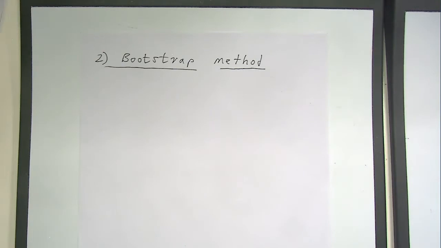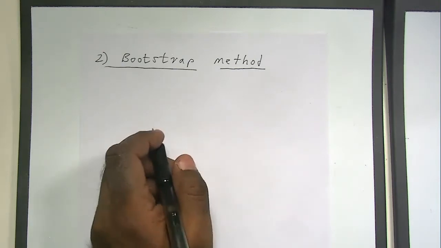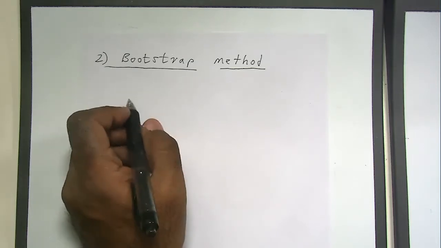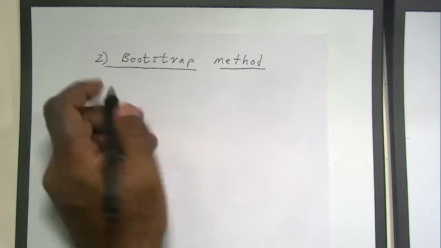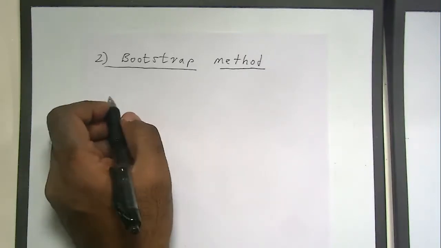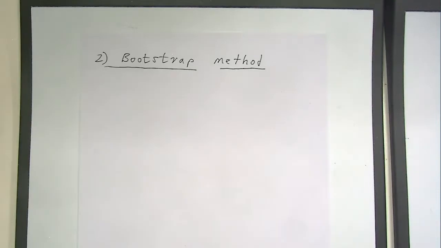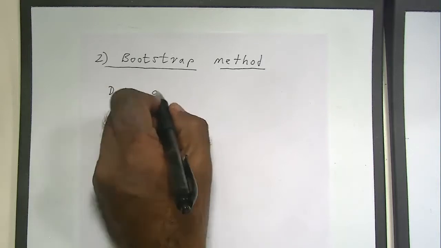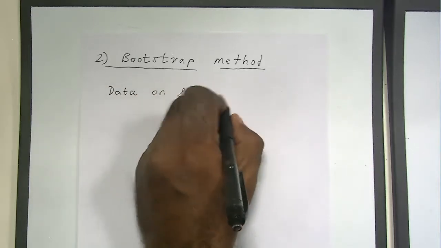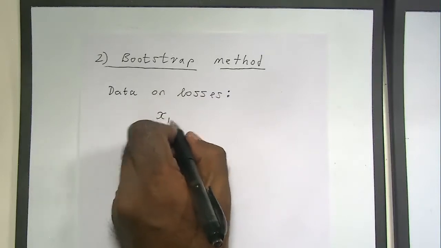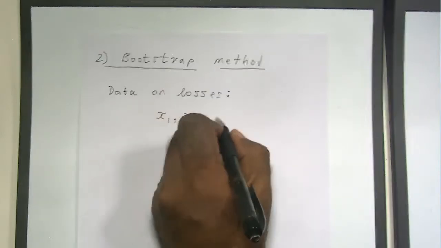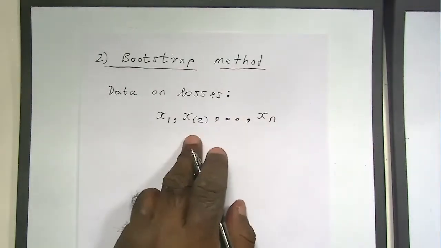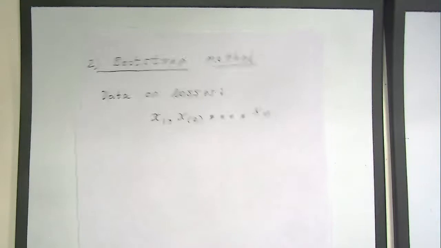Okay, so suppose it works like this. Suppose you have the data, the data on losses, say x1 to xn. Sorry, let me start again.